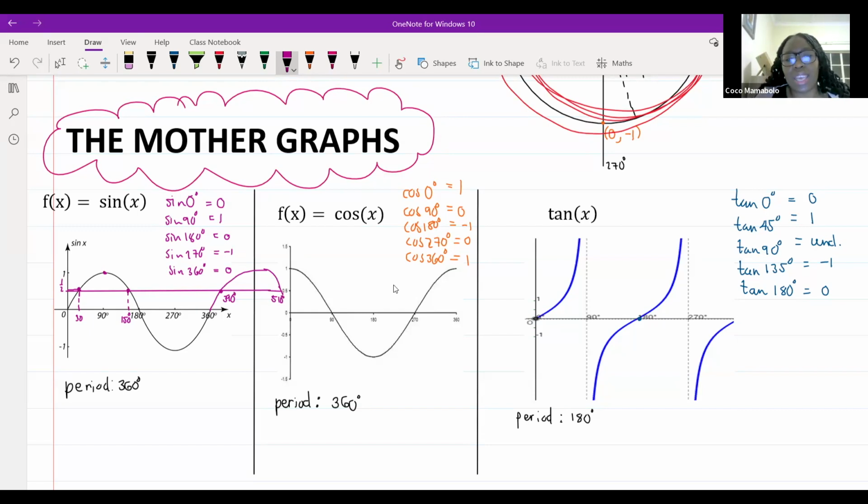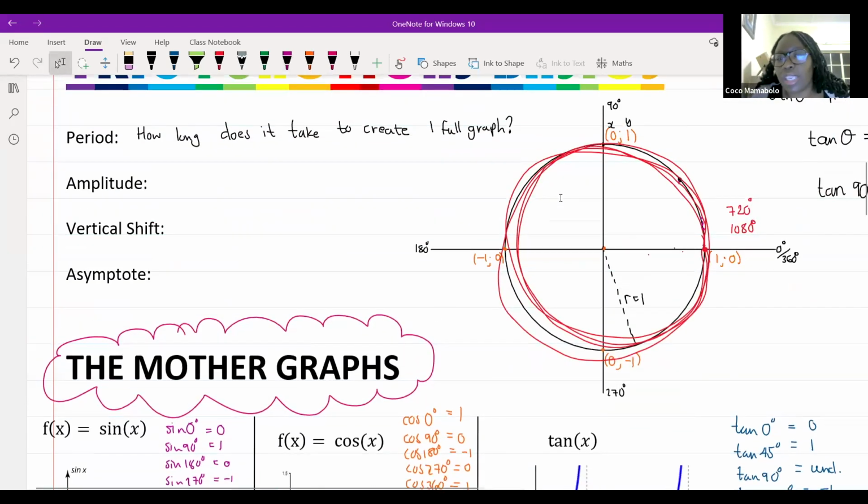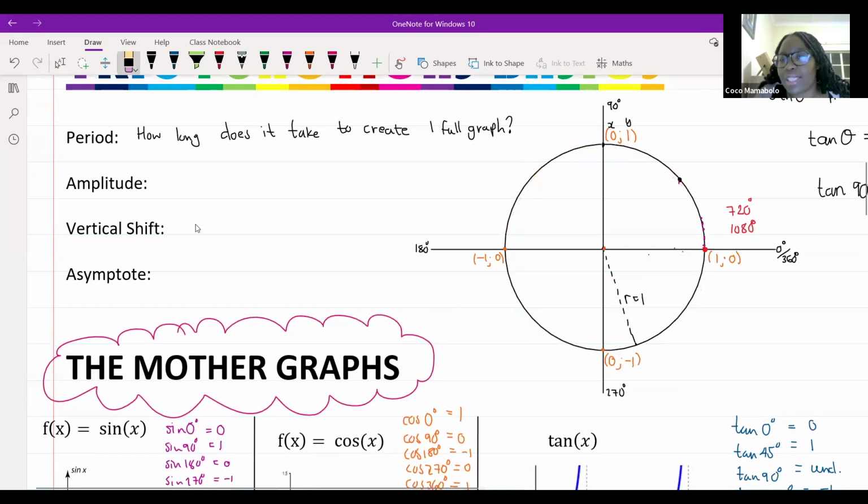So we can tell that our graph actually goes on forever and ever. We can prove this by looking at our circle of radius 1. If I decide to make theta equal to 30 degrees, and I add a revolution, if I add 360 to 30 degrees, that's 390 degrees.